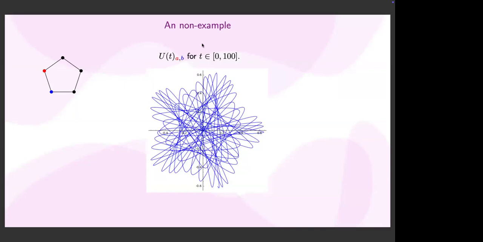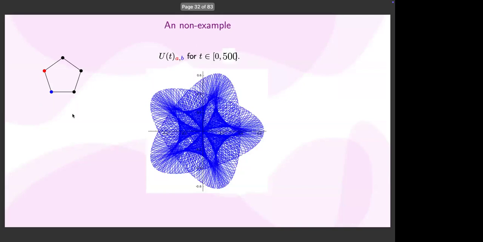If I look at it, I can already see that it will not reach the unit circle, so it will not have perfect state transfer between A and B. But this is also kind of interesting, and if I allow time to evolve more, I would get something that seems like there should be a theorem, and people have proven theorems about why this looks like this.